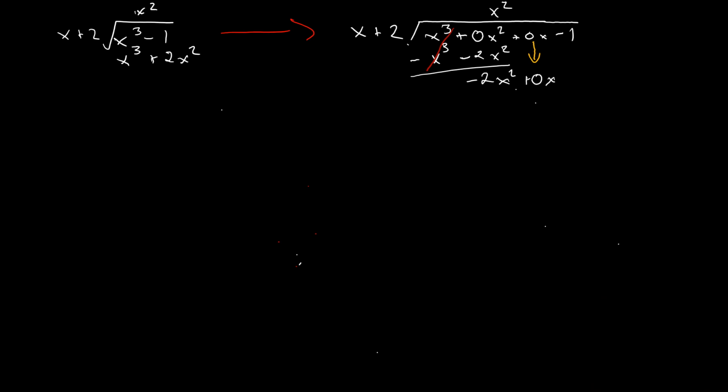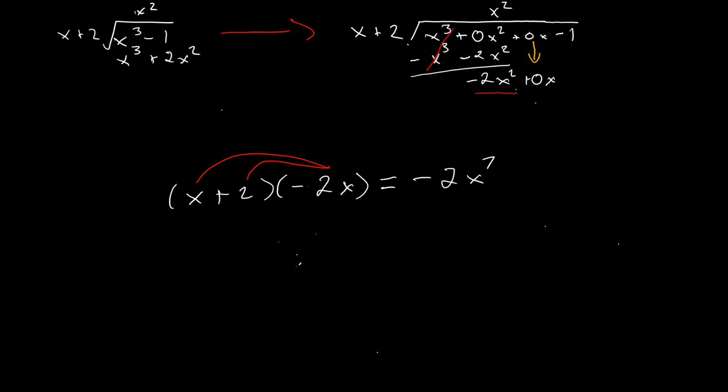So now we need to figure out a way to manipulate x plus 2 to get negative 2x squared. Well, what we can do is multiply x plus 2 by negative 2x. And this would give us negative 2x squared minus 4x, which again is awesome.